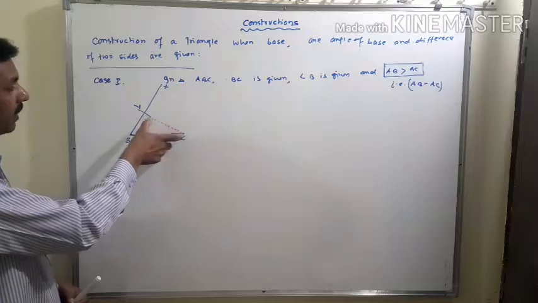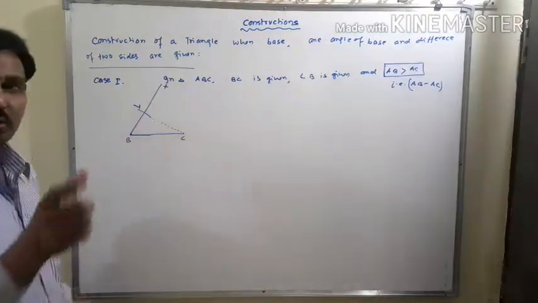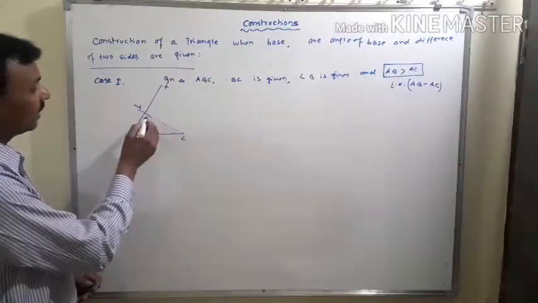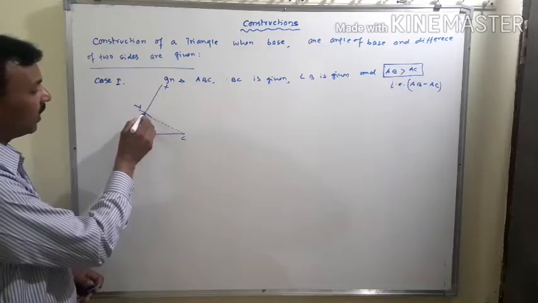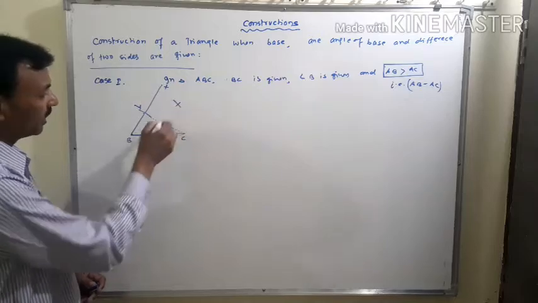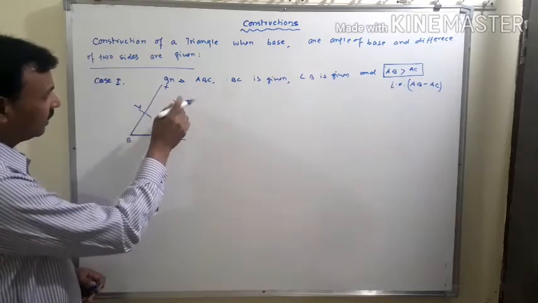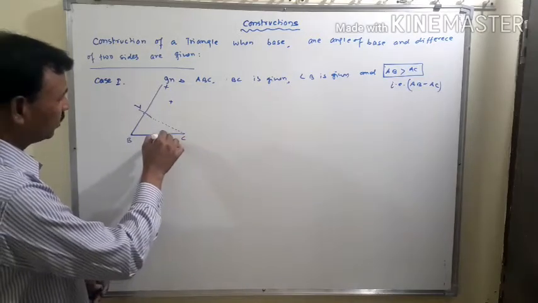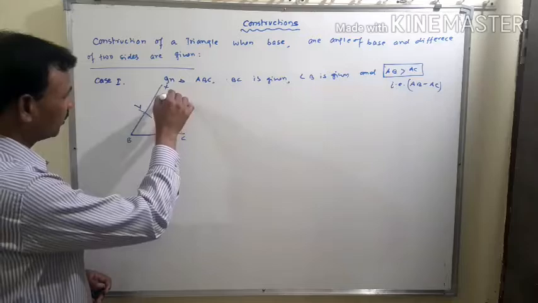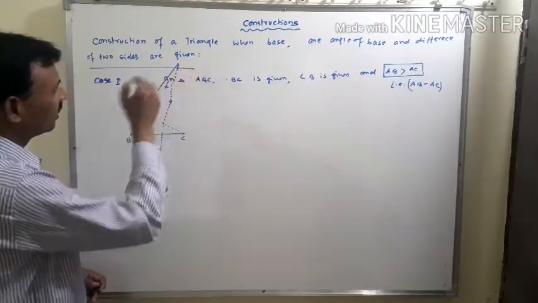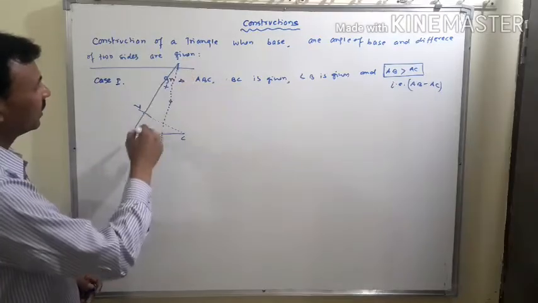Now draw the perpendicular bisector of YC. How to draw the perpendicular bisector? We have already discussed it in the previous video. Take more than half of YC and cut two arcs from Y and C on both sides, join these two intersection points and produce the line.